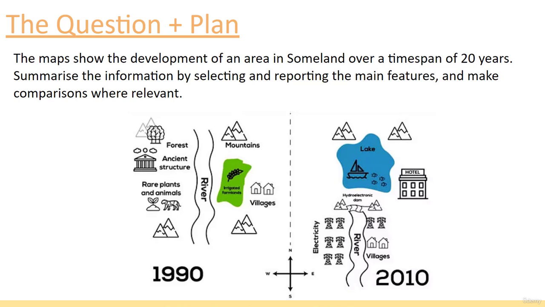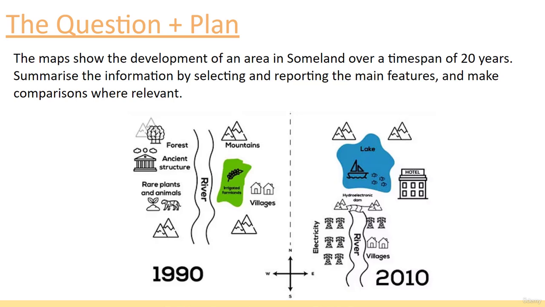Below, to the south of this map, we can see electricity stations, both to the west and east of the river, and a new village has been added to the east of the river too. Now these mountains, these hills, seem to have been flattened somewhat.